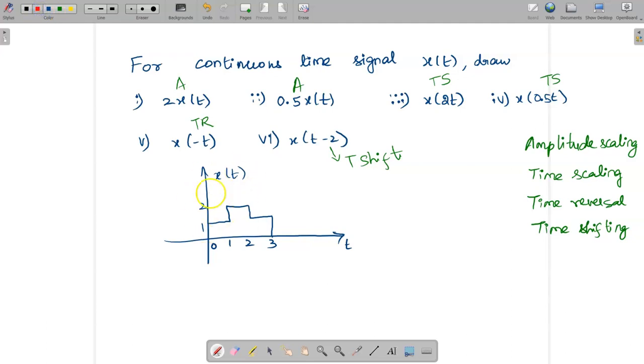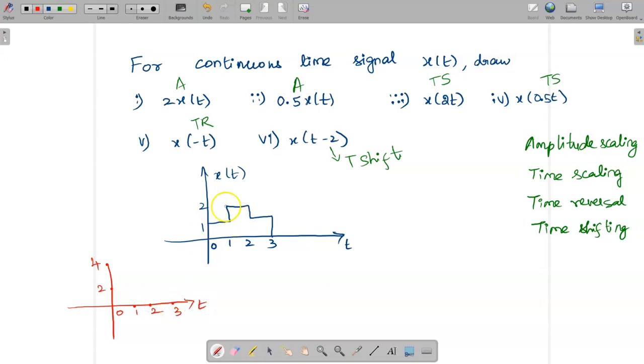So this is the given x of t. The amplitude is multiplied by 2, so 1 into 2 becomes 2, 2 into 2 becomes 4. The time values remain the same as in the original signal.